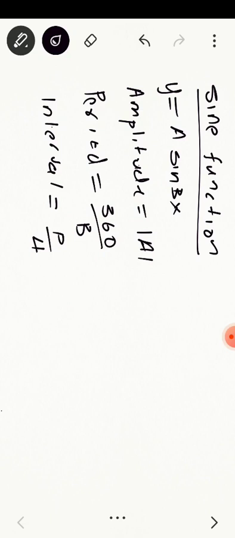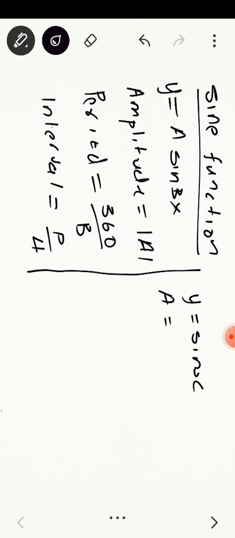For the general sine function, y is equal to sine x, you have the amplitude as 1, the period as 360 degrees, and the interval as 360 divided by 4. That's going to give you 90 degrees.